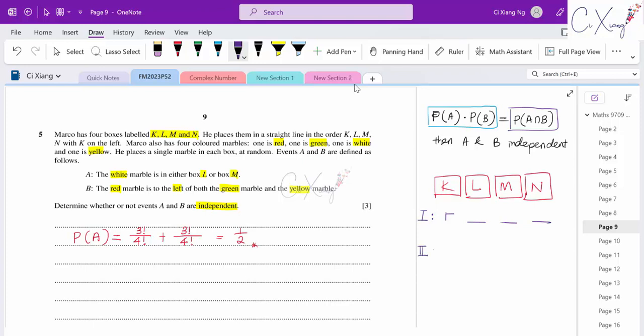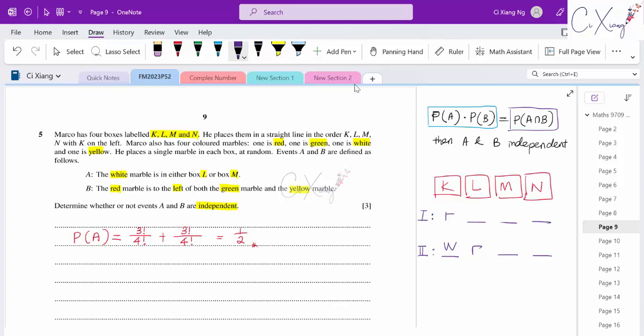The second case is if I fix the red color in the box L, and then I have to ensure that the K box has white.